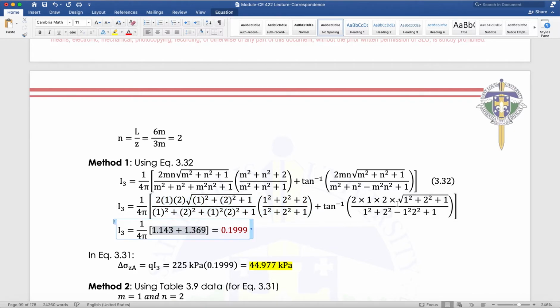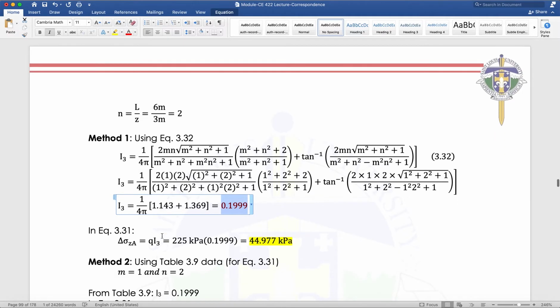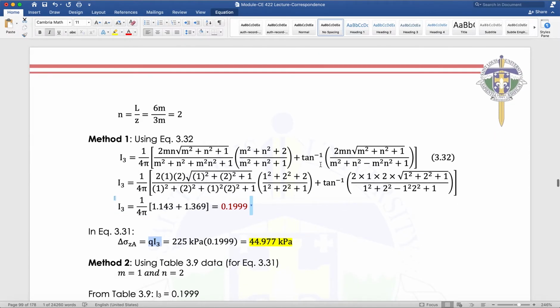Then the second term, it did not come out negative, is equivalent to 1.369. So, get the sum, multiply it by 1 over 4 pi, that is equivalent to 0.1999.